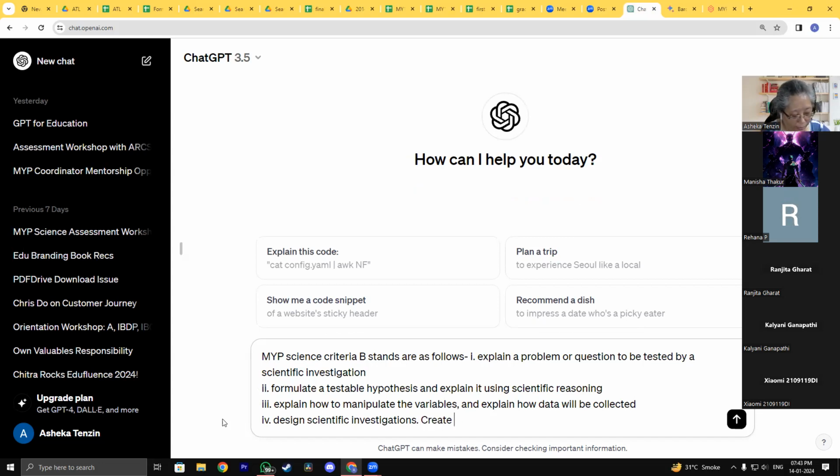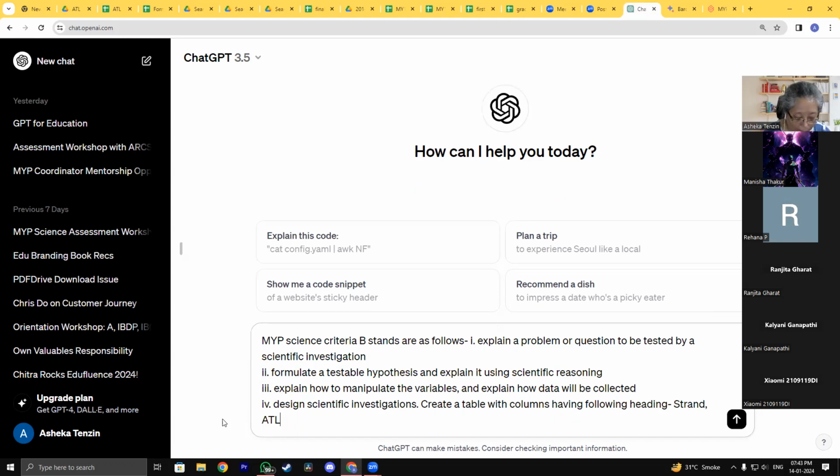Create a table with columns having the following headings: Strand, ATL skill, ATL sub-skill, strategies, examples.